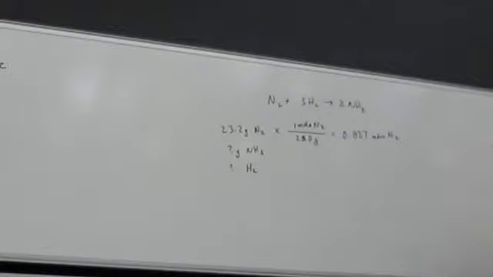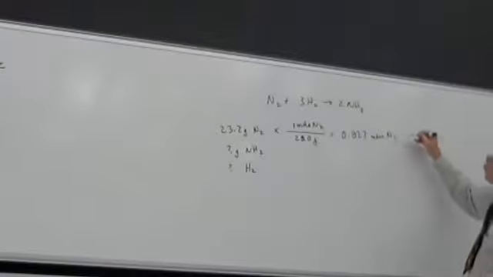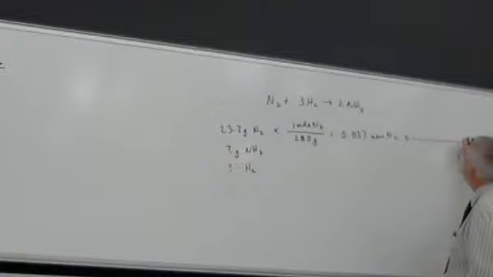And then we're asked for ammonia. So the next step is to relate the moles of nitrogen to the moles of ammonia. So our ratio looks like moles of ammonia to moles of nitrogen. And where do those numbers in that relationship come from? The equation. From the balanced equation.